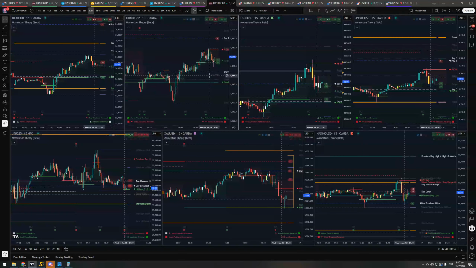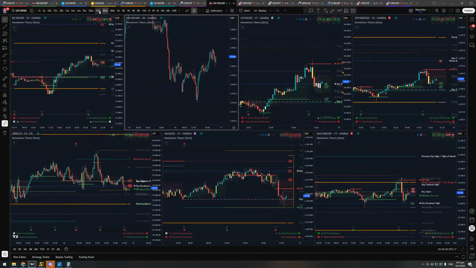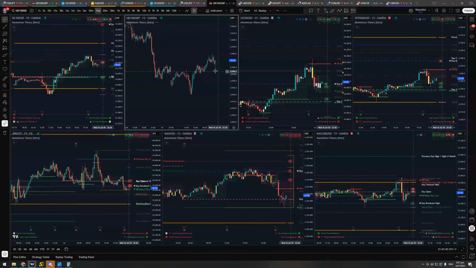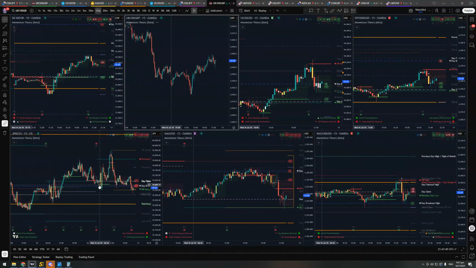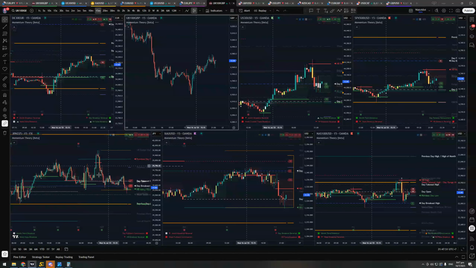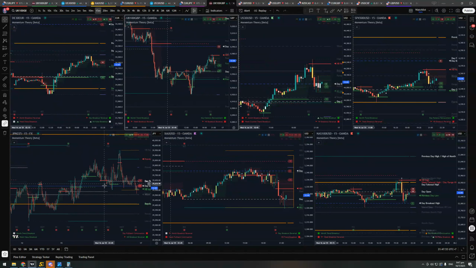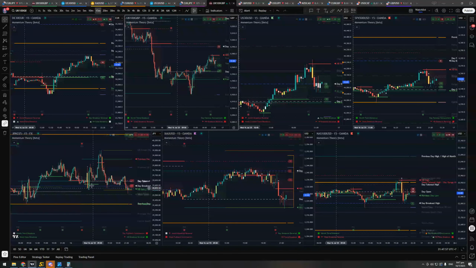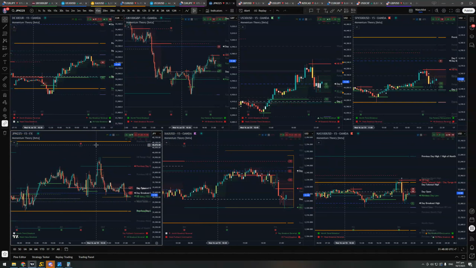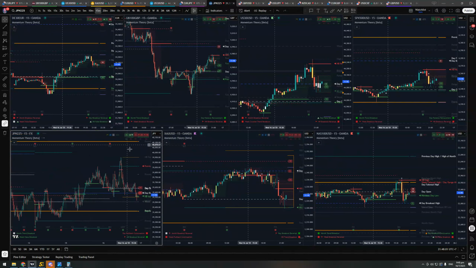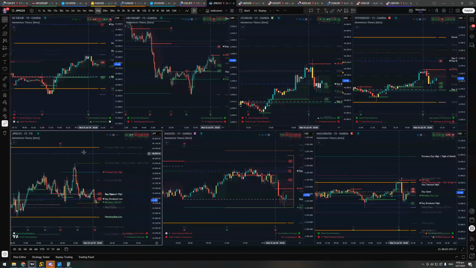Okay, quick check here. UK 100. Didn't really look at UK 100. That's not really what I look for in London. Took this one in Asia from down here. Low of range, H8 fake out, flip the breakout level, take it up. Was looking for a move up to the, what is that, weekly or daily range.